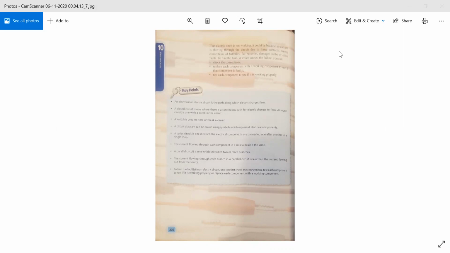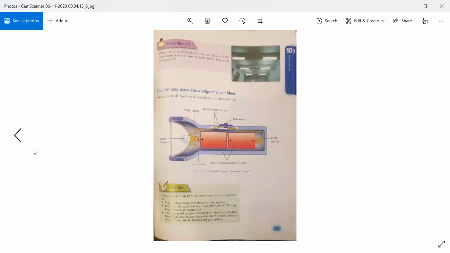Beta, as we discussed on the last page, it is showing the figure of a torch. It means there should be a plastic casing as well, and inside the torch there are some circuits present. For example, the electric cells should be connected together with positive and negative charges.